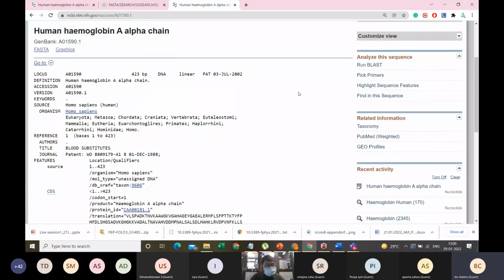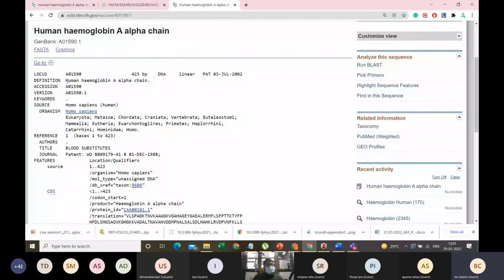File formats are very important in these databases to have a uniform identifier and uniform identification of all this. So let us look at what it presents and what it means. This is the accession number, A01590. 423 base pairs is the length of the DNA sequence, and the DNA is linear, given on 3rd July 2002.